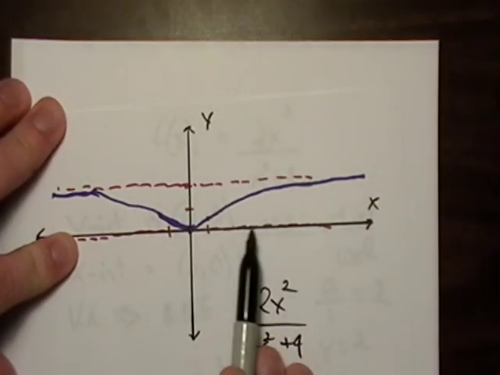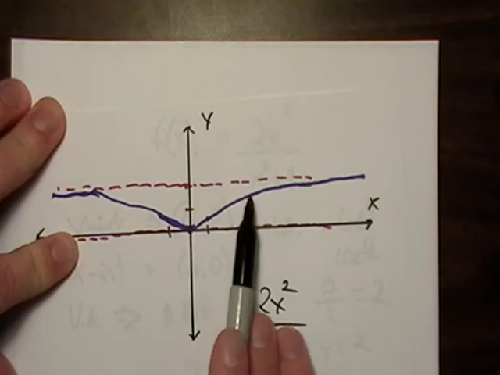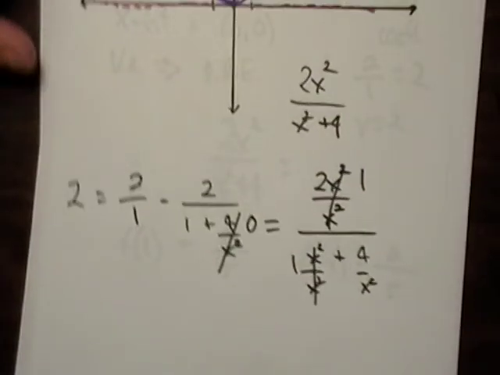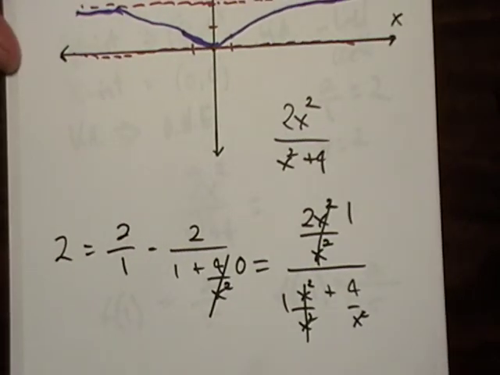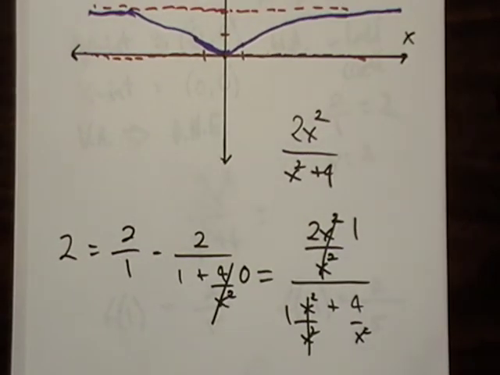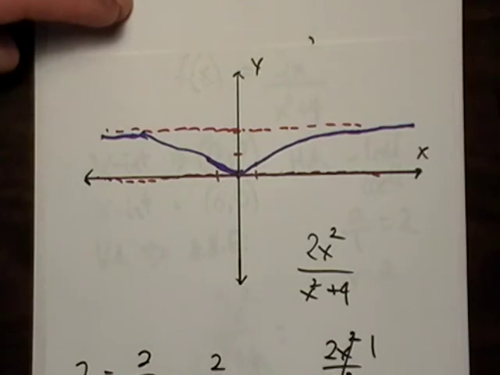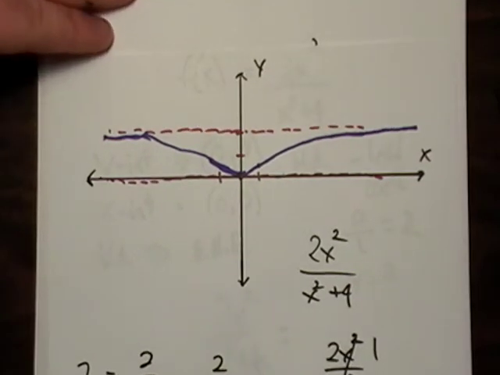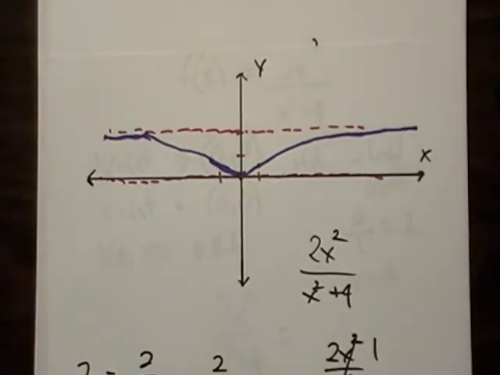And see how as x goes to infinity, this graph gets closer and closer to 2? That's just a little trick, and you'll explore this further in calculus if you go on to take that. That's just another example. I'm going to do one more, and I think we can call it good on rational function graphing. All right, thanks.